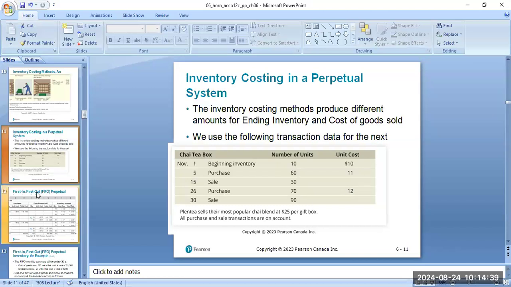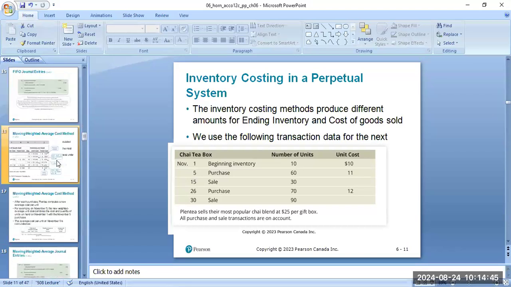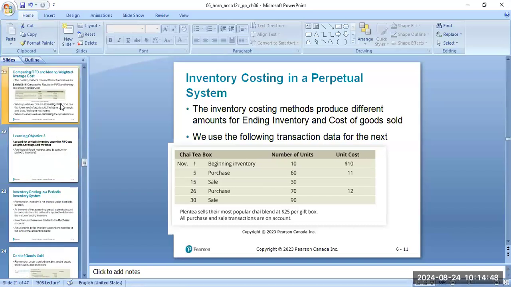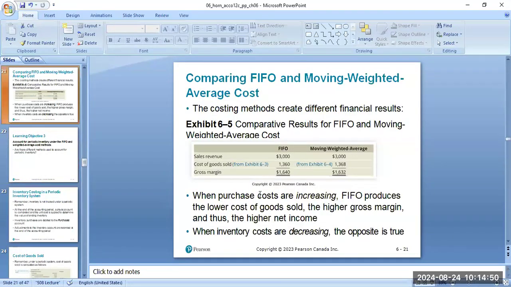The cost of the units that we're purchasing for the same item is going up. If that happens, when purchasing costs are increasing, first in, first out will always produce lower cost of goods sold and higher gross margin.